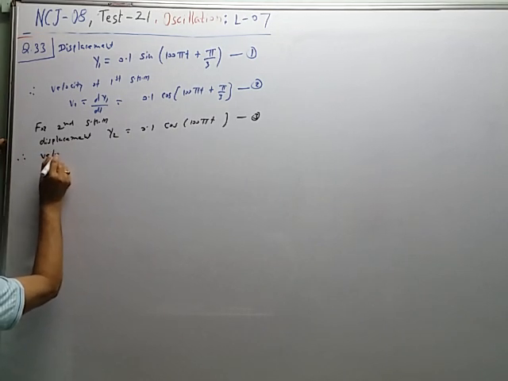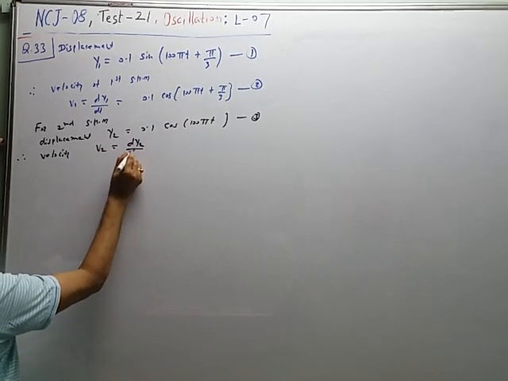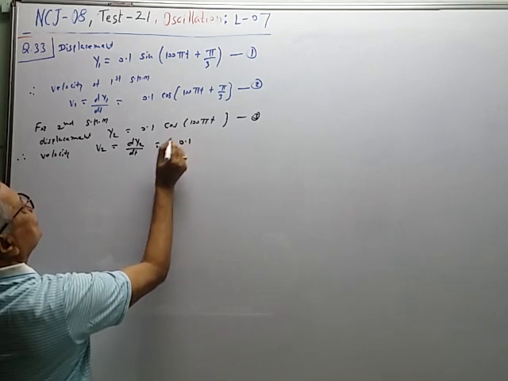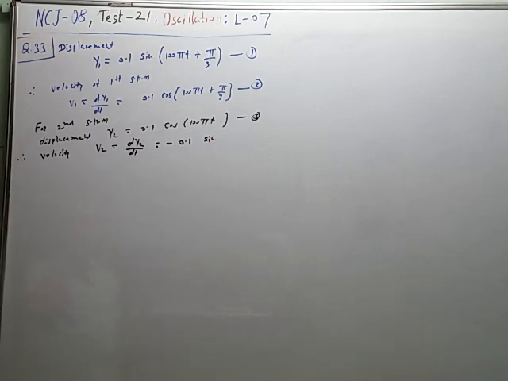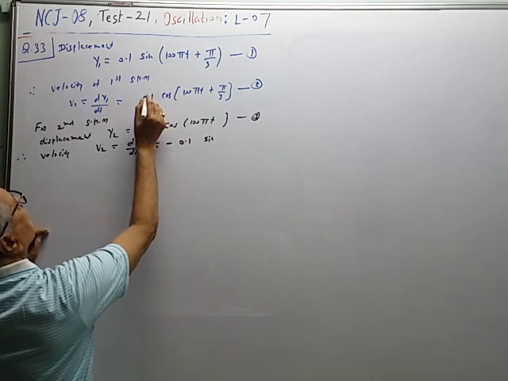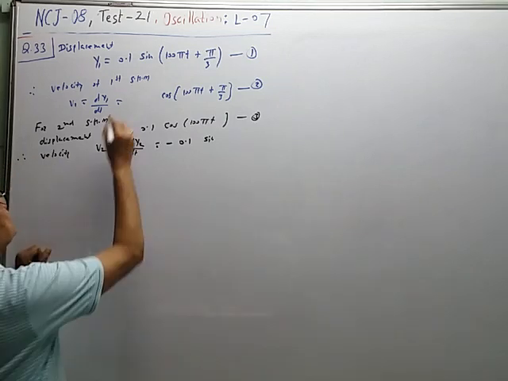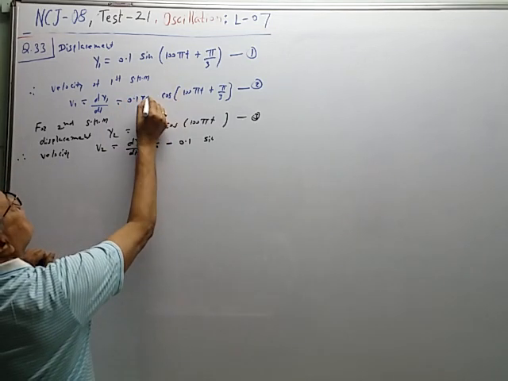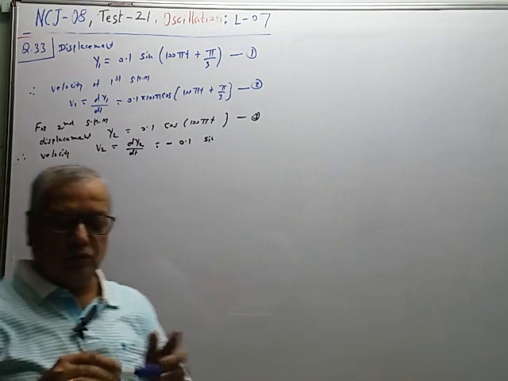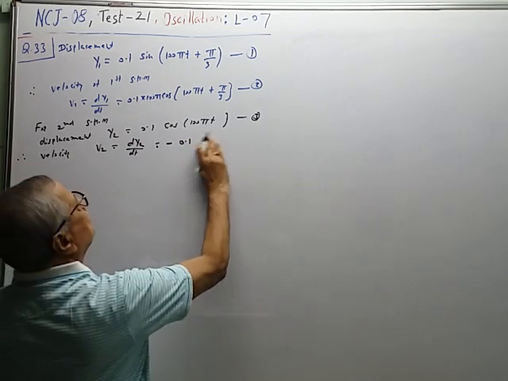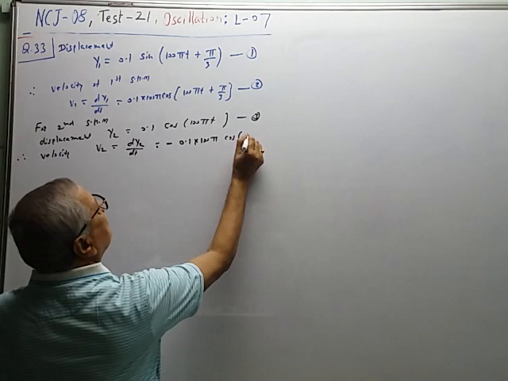Therefore, velocity v2 is equal to dy2 by dt is equal to 0.1, cos and derivative minus sin, multiplied by 100 pi. Here also it will be the same: 0.1 into 100 pi into minus sin of 100 pi t.